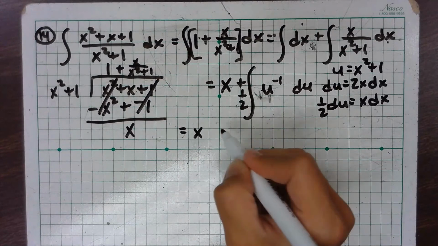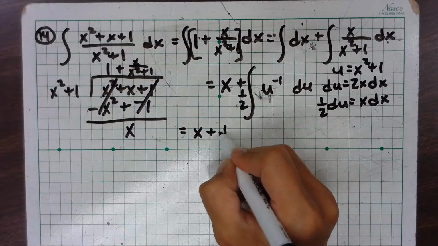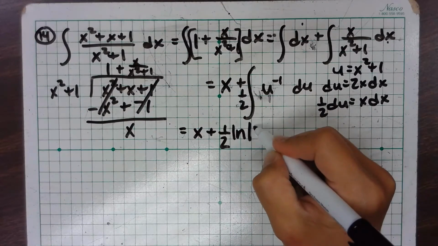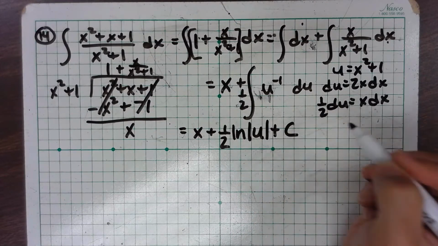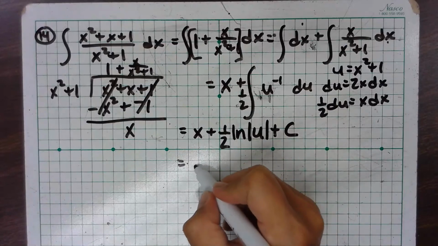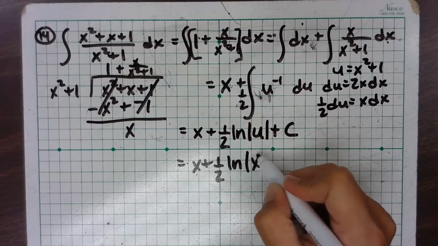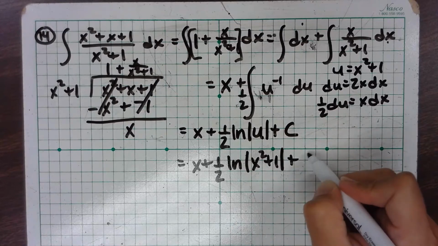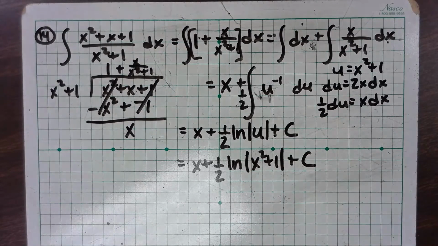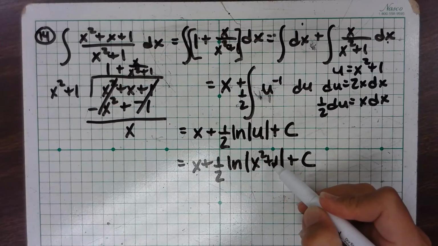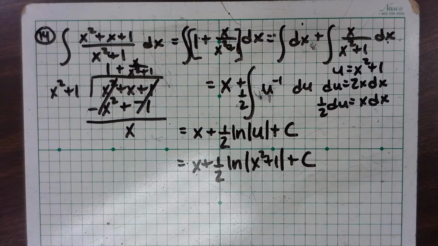So here we go. This is x plus 1/2. All right, this is going to be ln, absolute value of u, plus c. Now go and replace the u. And really, you could lose the absolute values here because we know anytime we square that, it's going to be positive, and then when we're adding 1, it's going to continue to be positive.